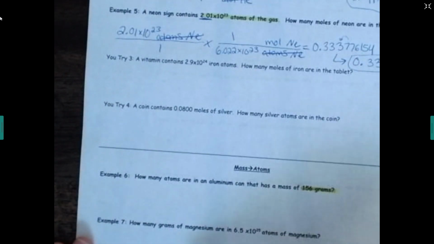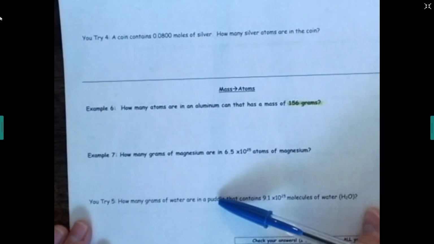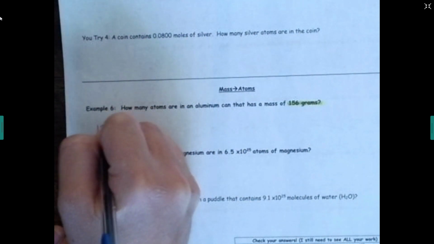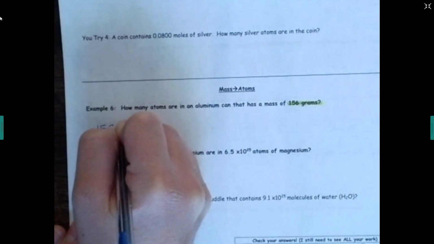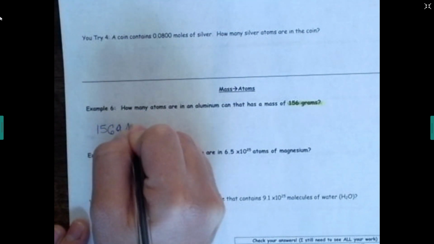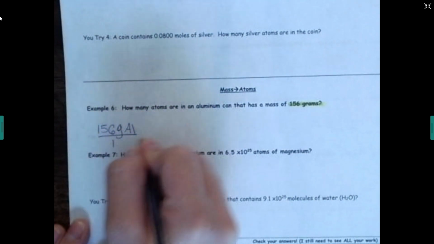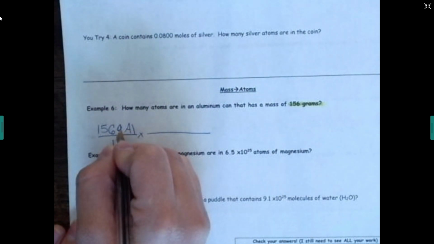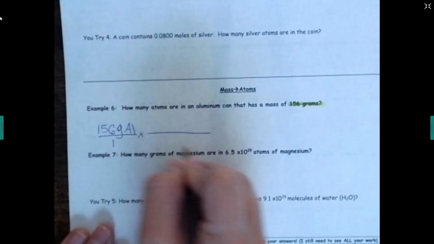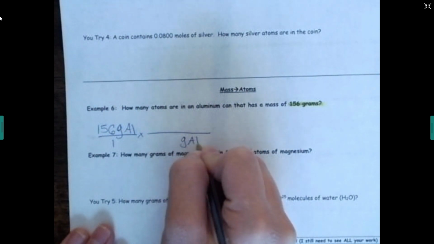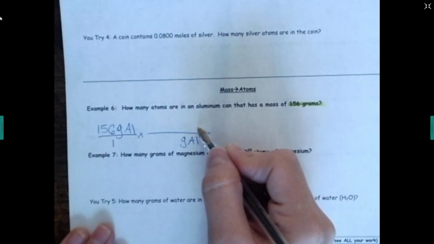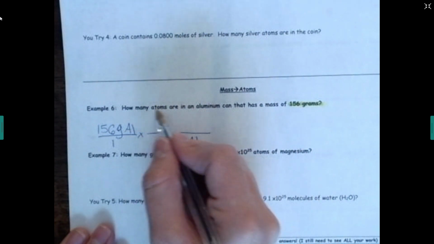So here's what we're going to do. We're going to take what we're given, grams of aluminum, right? Take what we're given, put it over 1. Again, same steps. Grams of aluminum are here, so grams of aluminum need to go down here, so it cancels out. Now, we can't just go straight to atoms. We have to go through moles first.